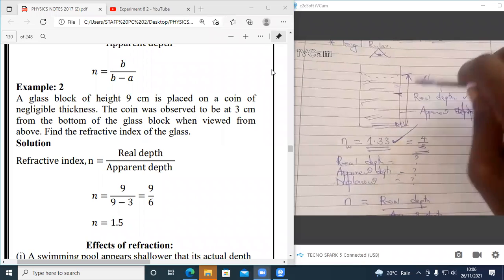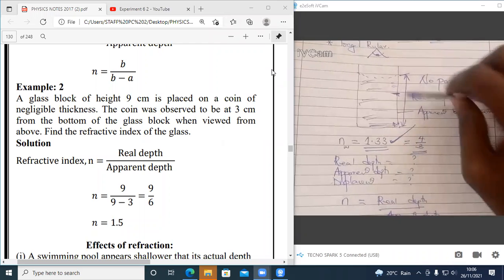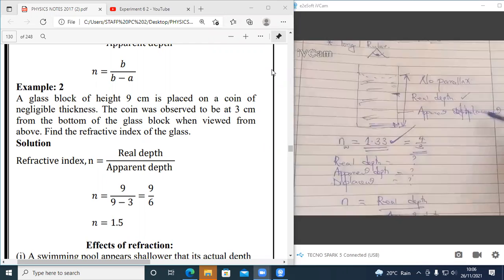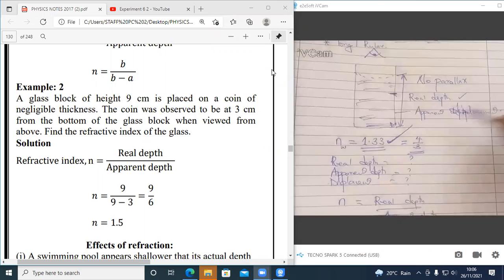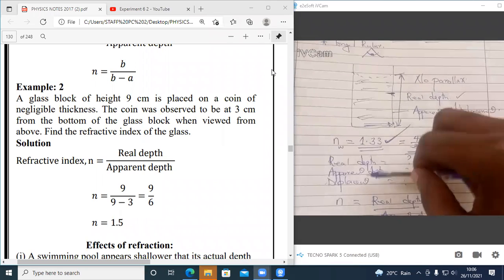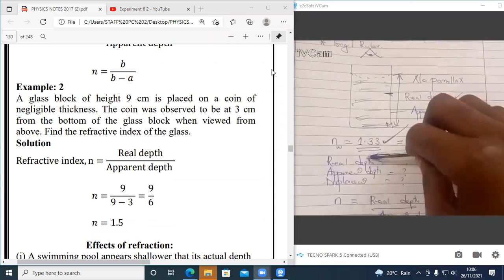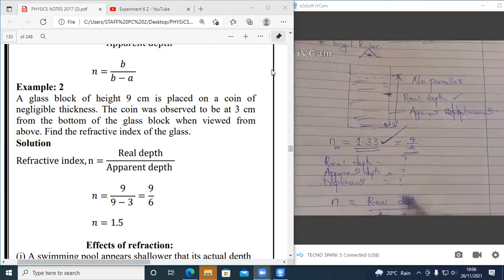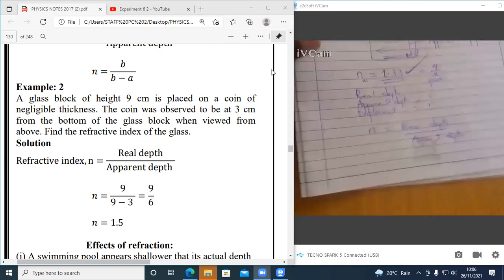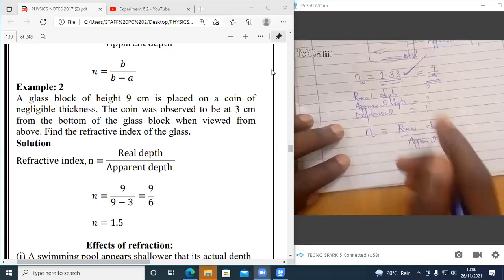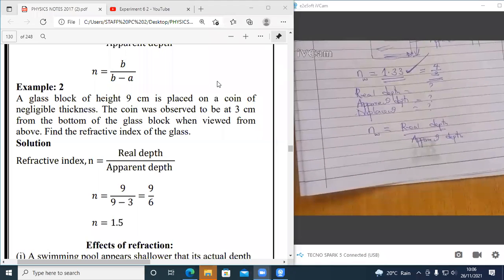Then measure that height, and that height will give you the apparent displacement. From apparent displacement, you can find the apparent depth. Then from apparent depth and real depth, you can find the refractive index of water. That's what I was trying to explain. Is it clear, Anua?